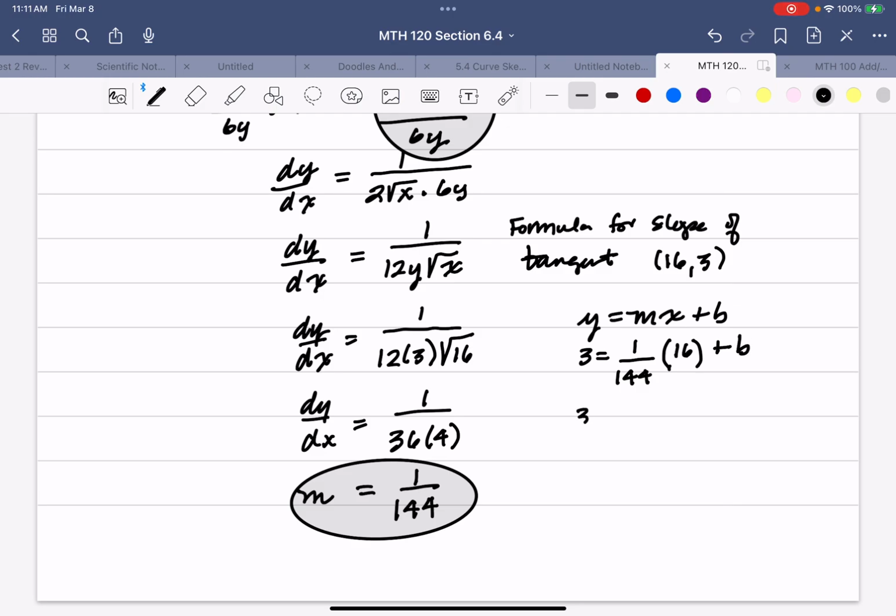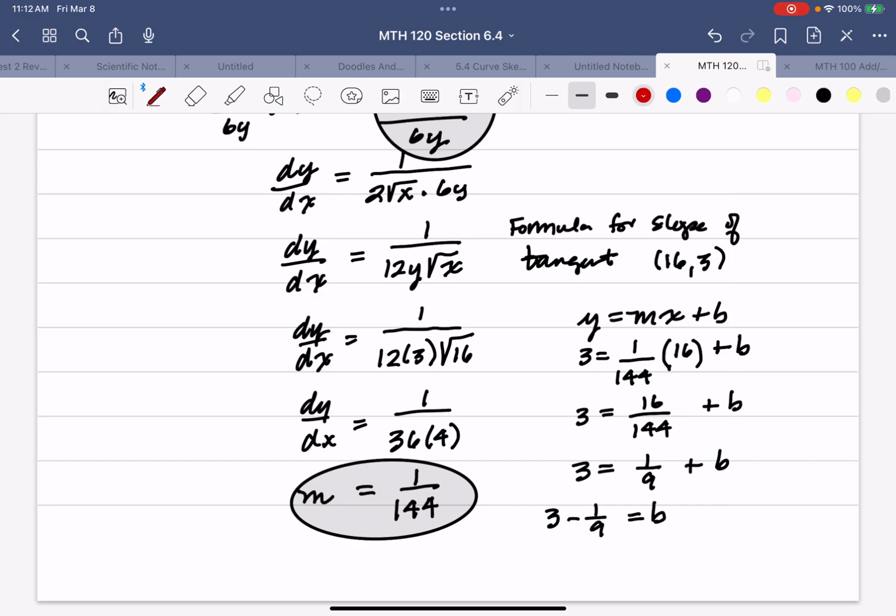So 3 is 16 over 144 plus b. That fraction reduces to 1/9. So 3 equals 1/9 plus b. So 3 subtract 1/9 is my b value.